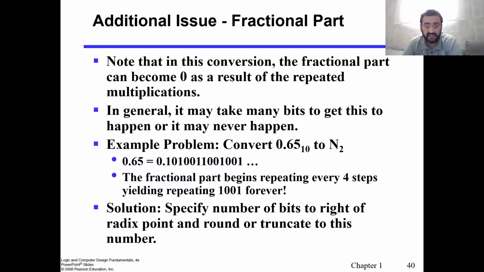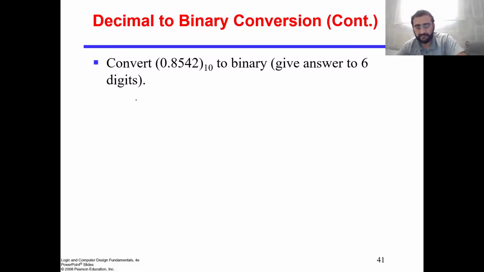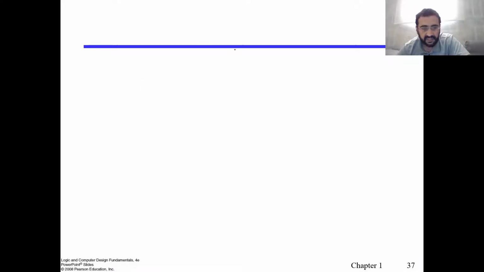So in this case, we need to truncate the result and choose the number of bits at the right of the radix point where we need to make the truncation. So let's look at this example here, 0.65. So imagine we have 0.65 in decimal, and we want to convert it to binary.